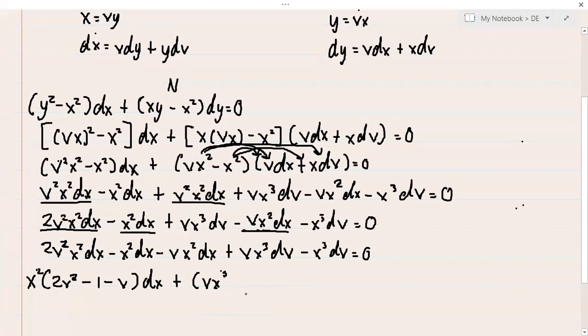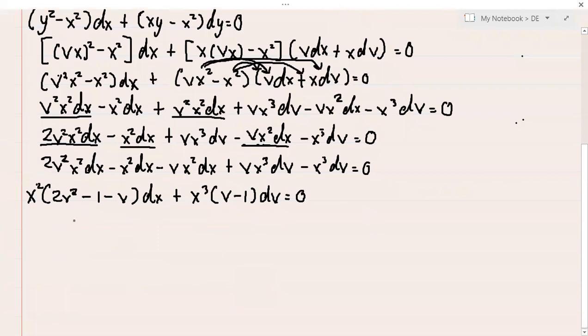So, we can factor out x cubed in this parenthesis. Hence, we will have x cubed times quantity v minus 1 times dv is equal to 0.